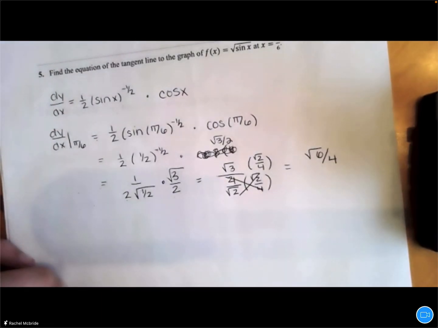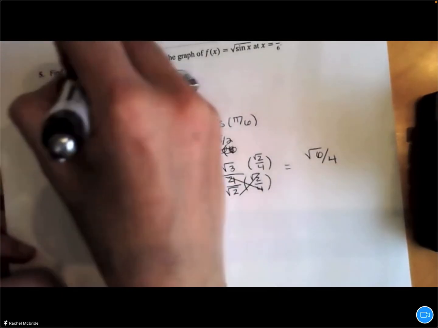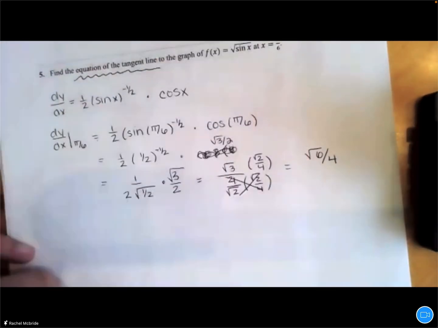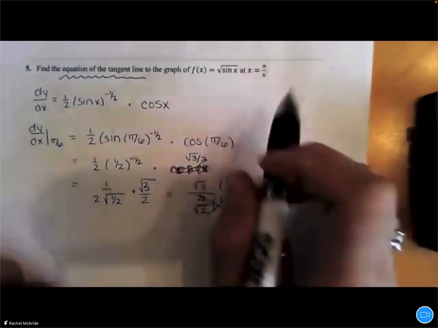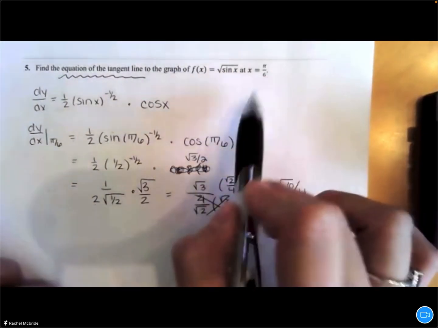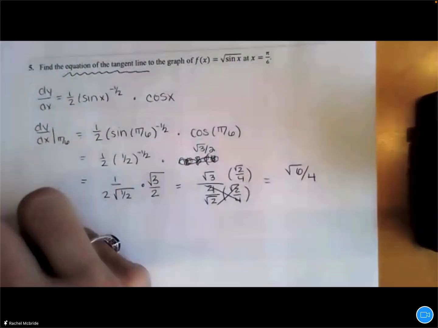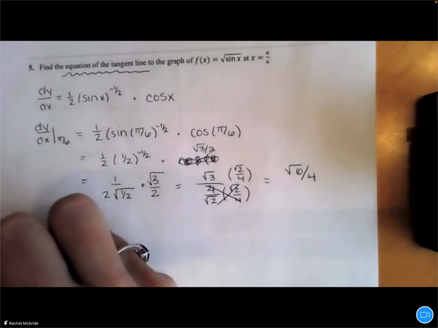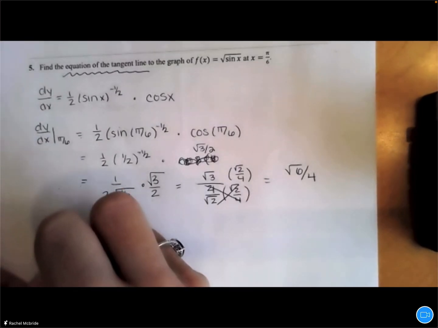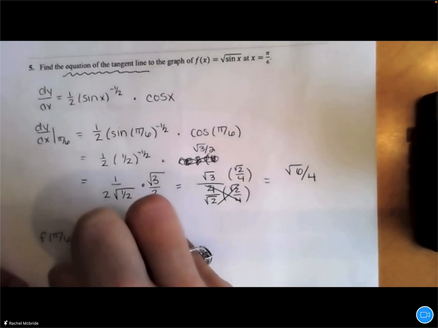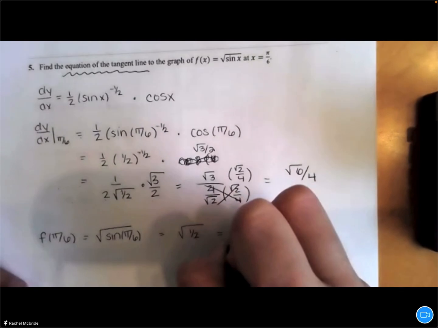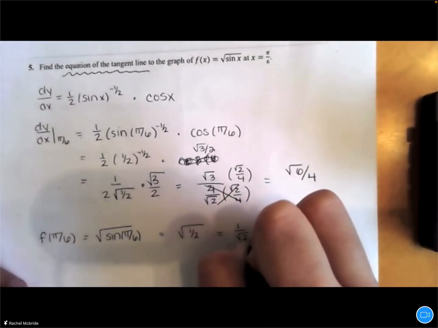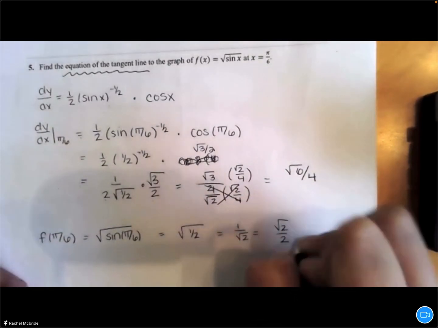Now we're not done, because this one said find the equation of the line, where the last one said find the slope. The other problem is this only gave me the x value, not the y. So I need to actually find f of pi over 6, which is the square root of the sine of pi over 6, which is the square root of 1/2, which is 1 over the square root of 2, or root 2 over 2.